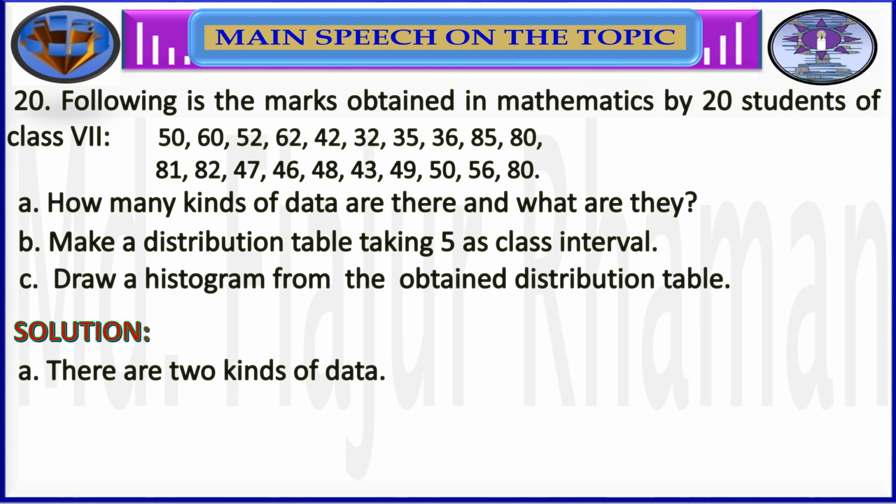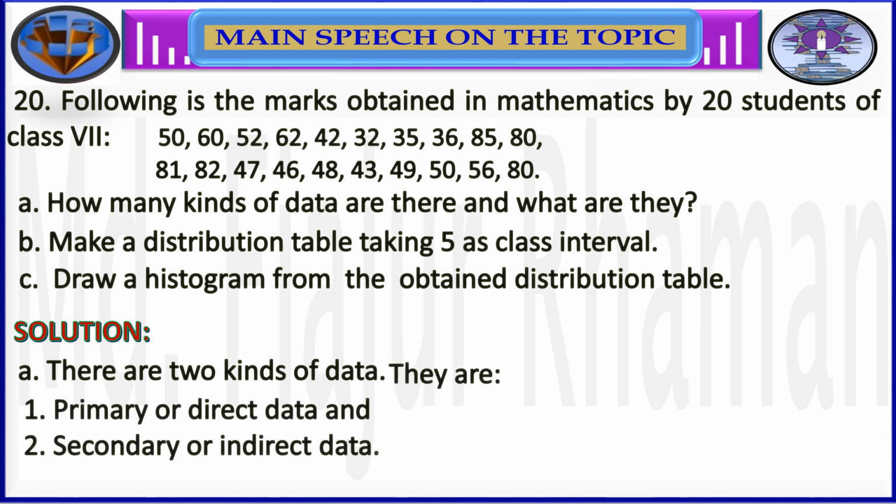And in the second part of the question A, what are they? The answer is they are number 1 primary or direct data and number 2 secondary or indirect data.